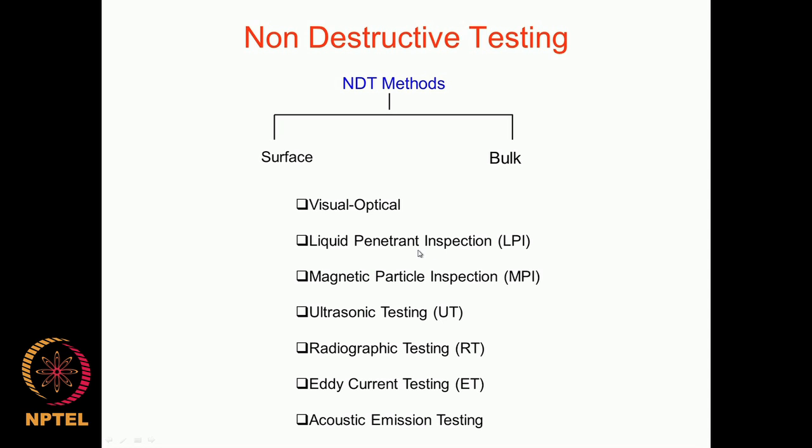Techniques like liquid penetrant inspection, magnetic particle inspection and eddy current testing come under the surface methods, and methods like ultrasonic testing and radiographic testing fall under the bulk category. And there are certain techniques like, for example, ultrasonic which can do both. I mean, it can do both surface NDT as well as bulk NDT.